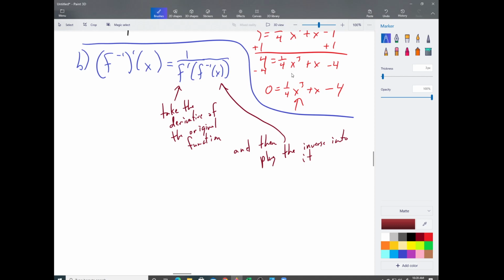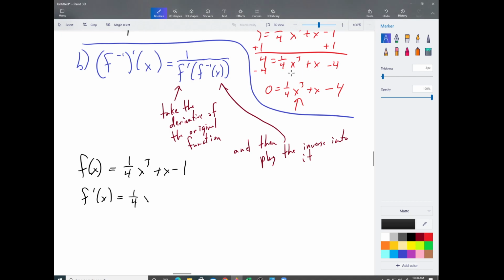Let me write that up again. You have it in your notes, but I know it's not on the screen. This is very easy to take its derivative, but I can't take the derivative of its inverse if I can't find the equation for the inverse.